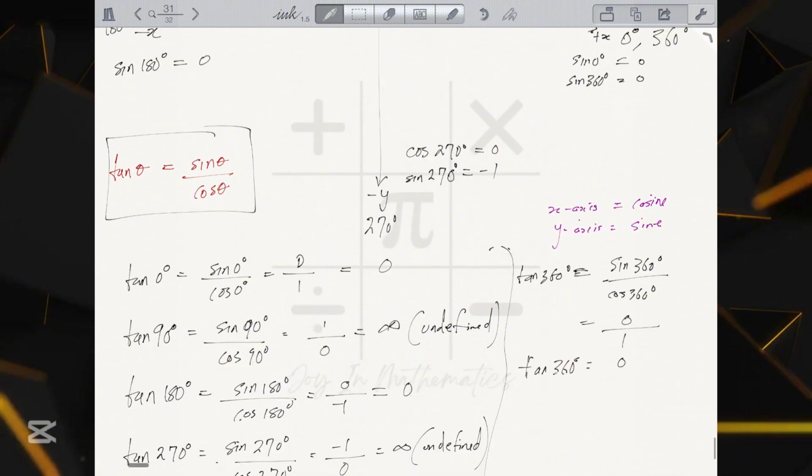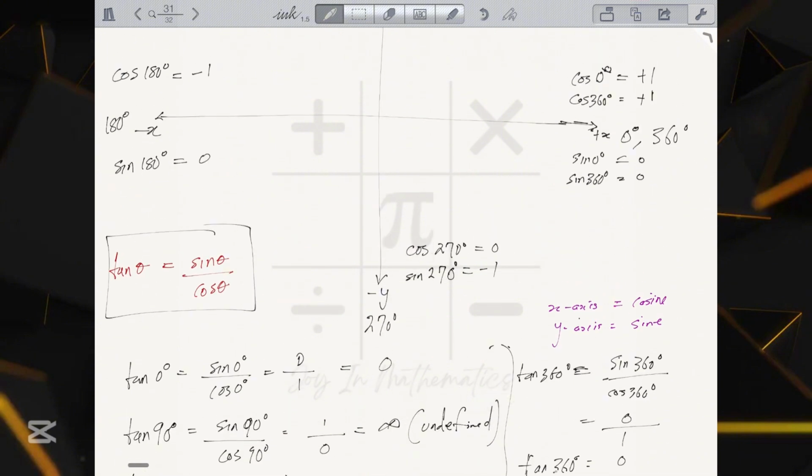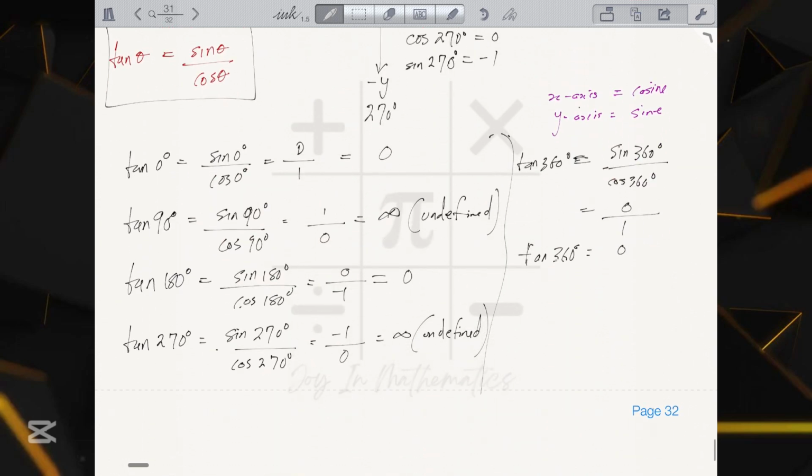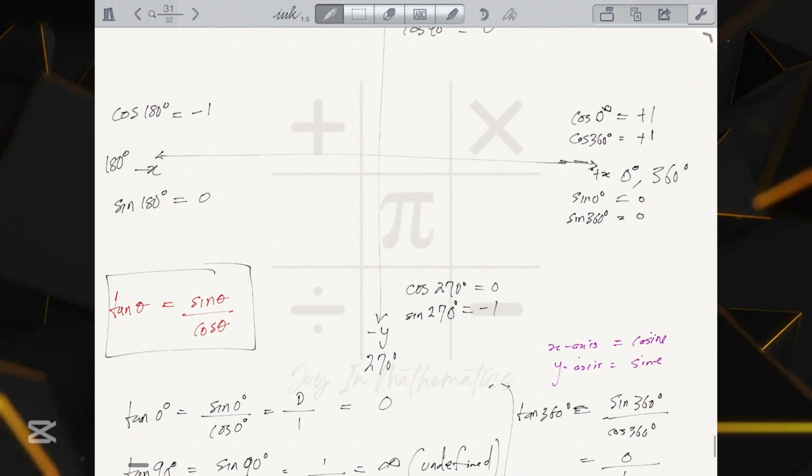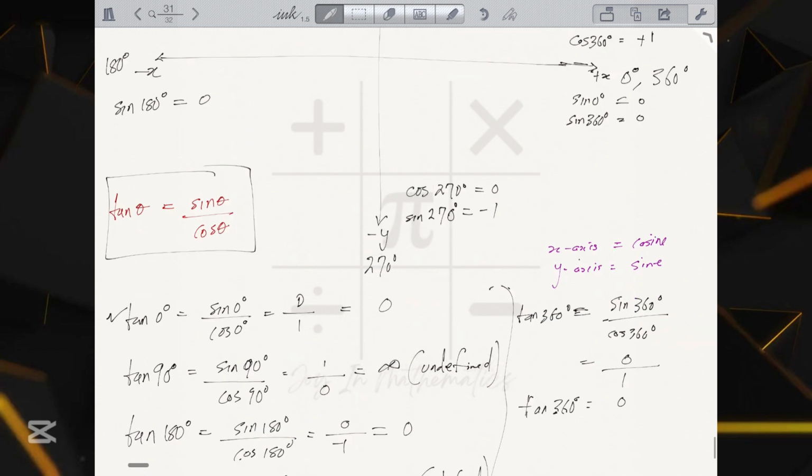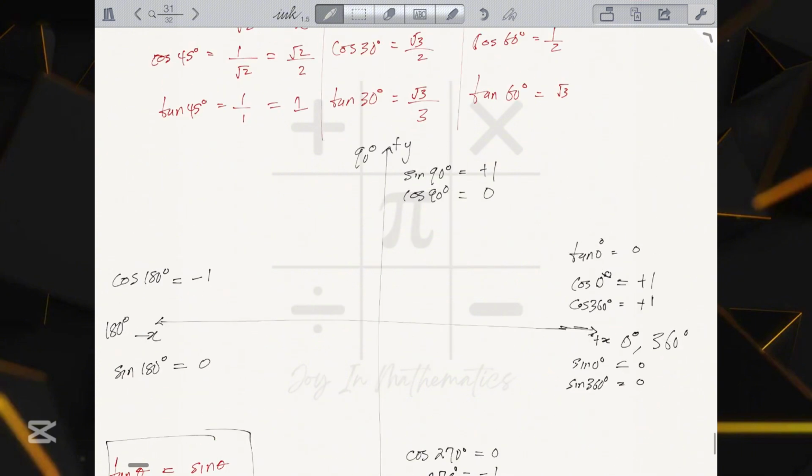Now with this, we can replicate what we have here. Tan 0 is equal to 0. Tan 90 degrees is equal to infinity, undefined.